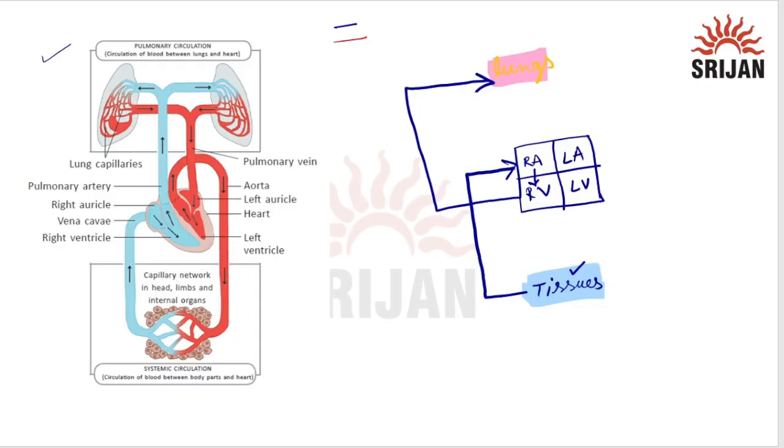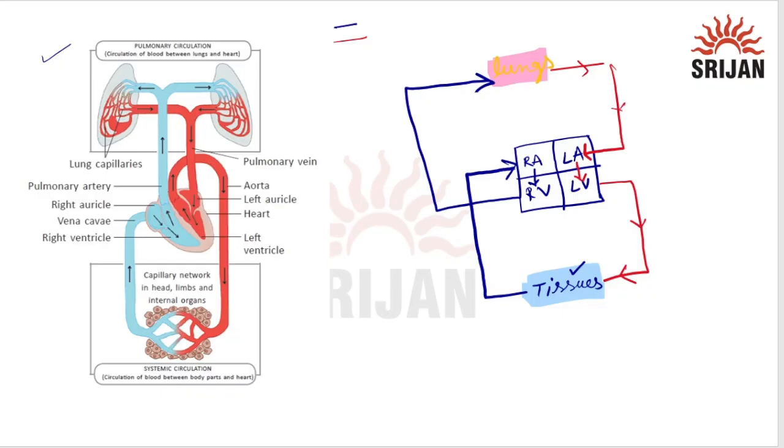Now oxygenation is done, so the blood is known as oxygenated blood. The blood is sent from the lungs to the left auricle, right? From this left auricle, the blood is sent to the left ventricle. From this left ventricle, the blood is pumped to all the tissues. This is the basic mechanism and flow of blood.